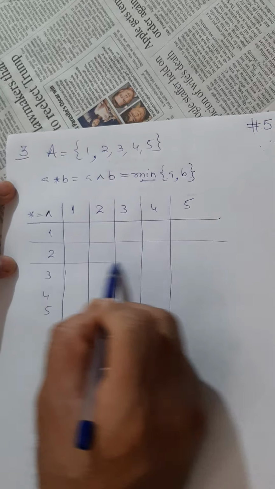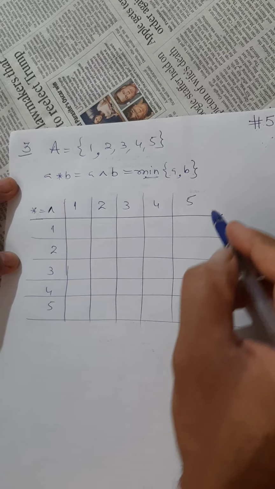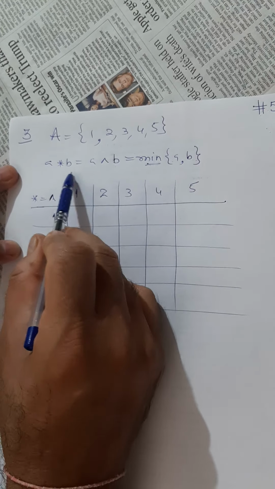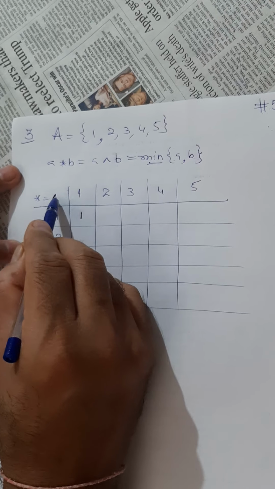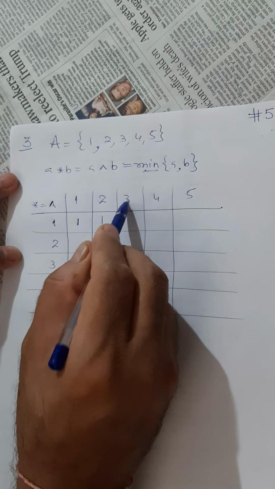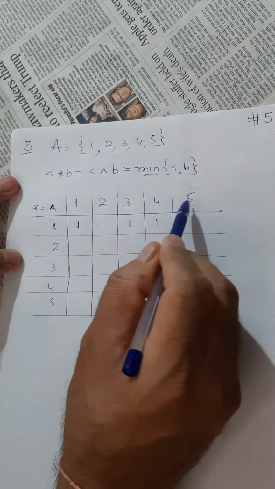So if I prepare the table, 1 asterisk 1 is the minimum of 1 and 1, which is 1. Minimum of 1 and 2 is 1. Minimum of 1 and 3, 1. Minimum of 1 and 4, 1. Minimum of 1 and 5, 1.